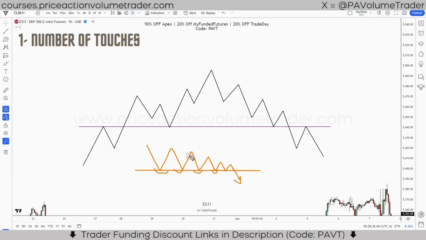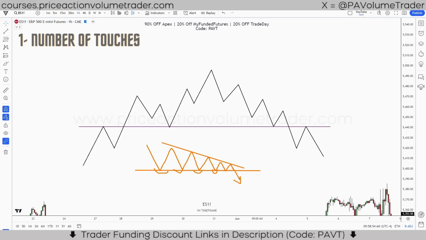So the more a level gets touched, the less conviction people are going to have to continue trying to fade this level. And that's when you get a lot of times a descending triangle formation, for example, where we have a compression.